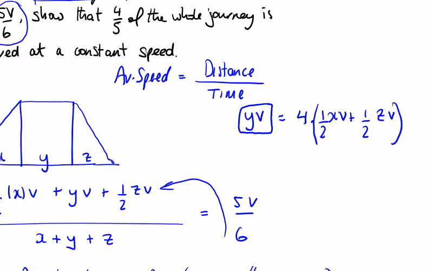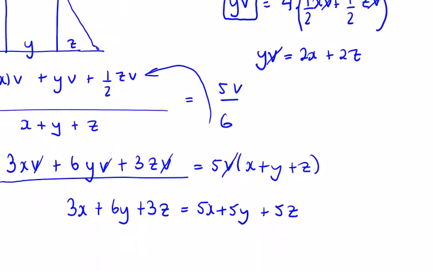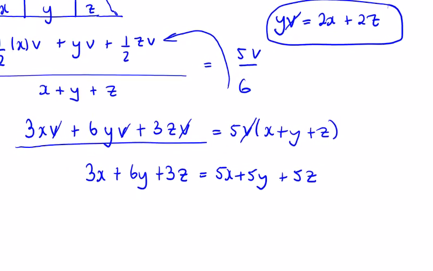So let's have a look. We can divide by v, so let's take the v out. That's going to be y is equal to 4x over 2, 2x plus 2z. So is y equal to 2x plus 2z? That's what we have to show here.